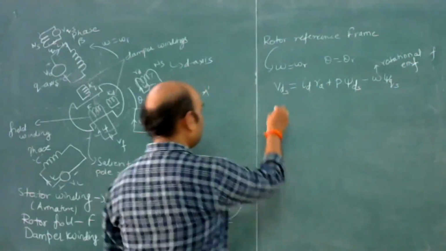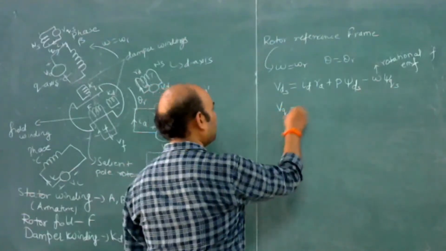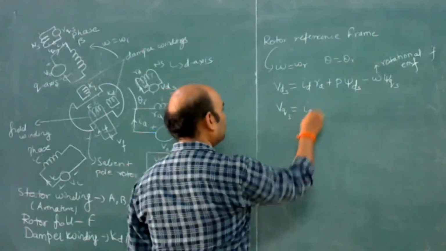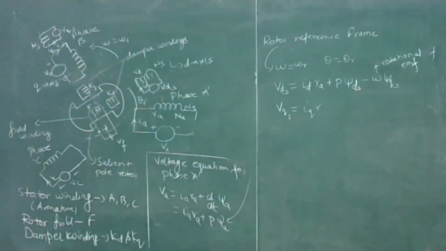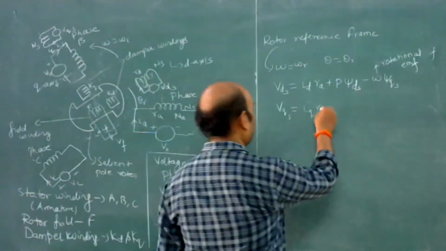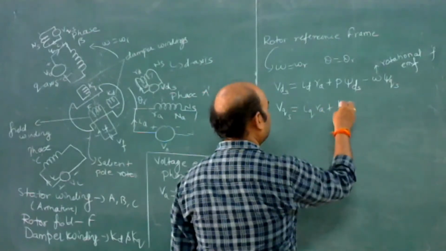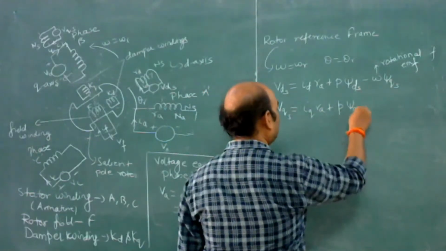So similarly, VQS will be equal to IQ into RA, this is saying RA, plus P into psi QS.